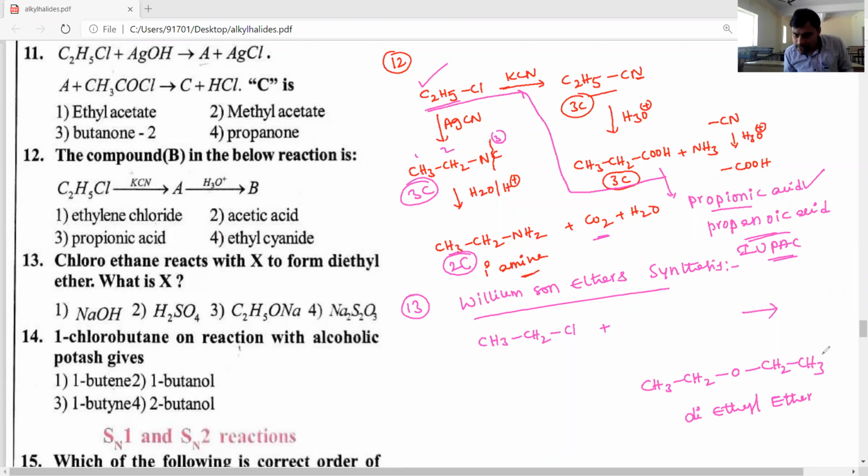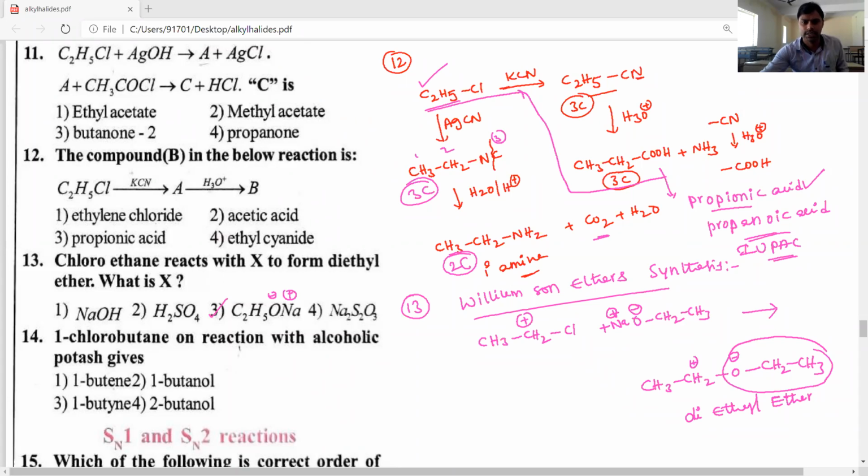Okay, see this diethyl ether, this ethoxy group, here it is a positive charge, and ethoxide ion O minus bond CH2 bond CH3 with Na plus, sodium ethoxide. So the answer is O minus and Na plus, sodium ethoxide. So the third one. This reaction is known as Williamson ether synthesis. Okay.